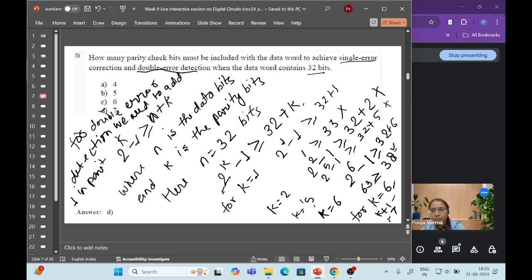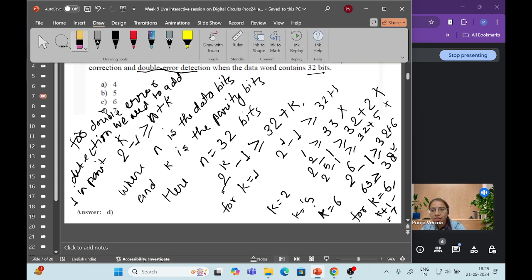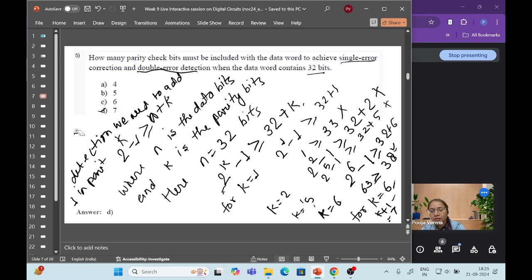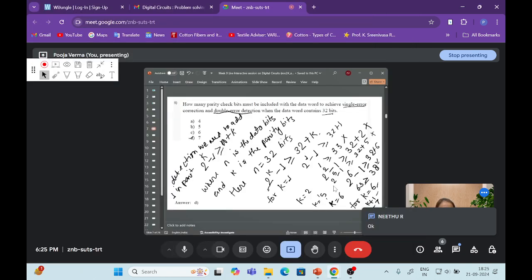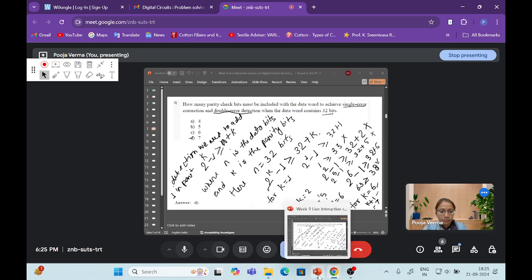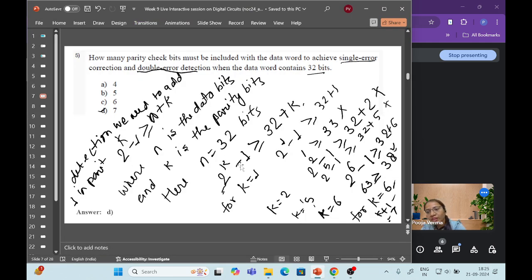Okay. For double error detection, we need to add one extra parity bit.